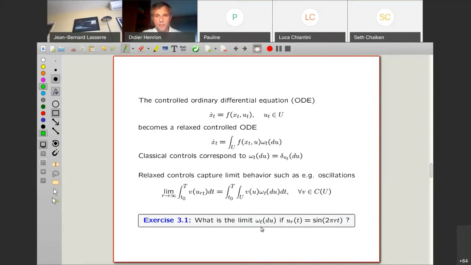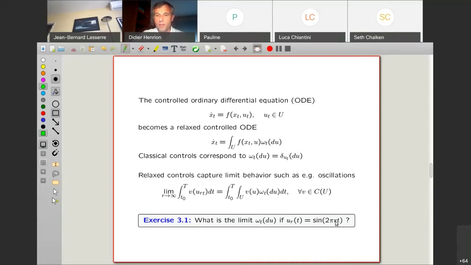So as a first exercise for you to manipulate this object, I'm asking what is this limit? What is this relaxed control here when the sequence, as a function of t, are sine functions with increasing frequency.